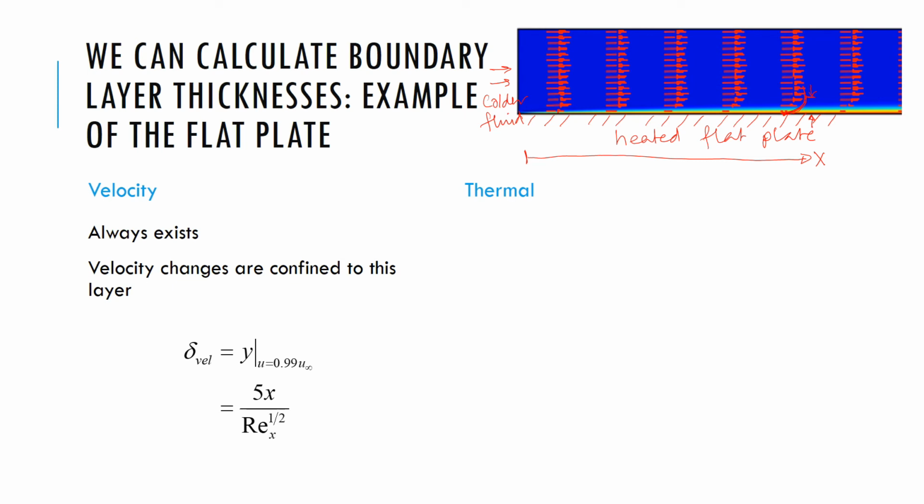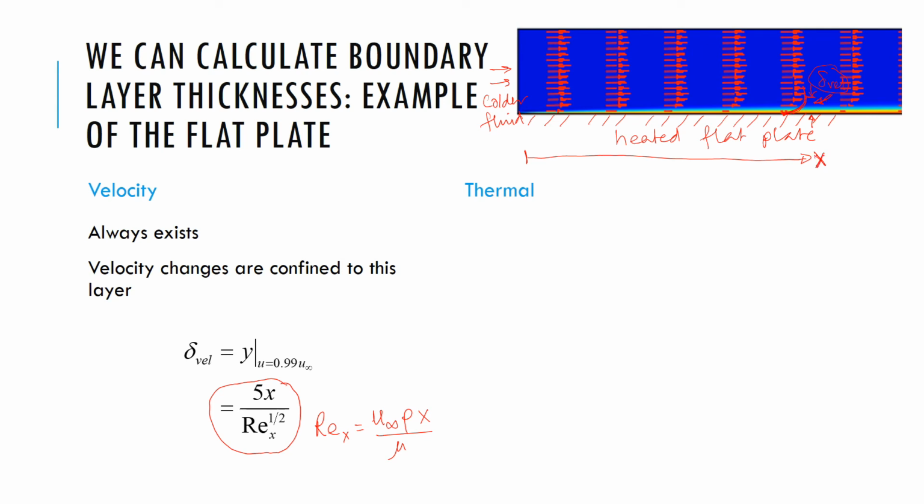The velocity boundary layer thickness, delta velocity, is given by this quantity where the Reynolds number is u infinity rho x over mu, where x is the distance to that point, because the thickness keeps changing.